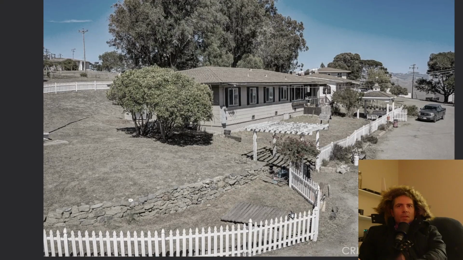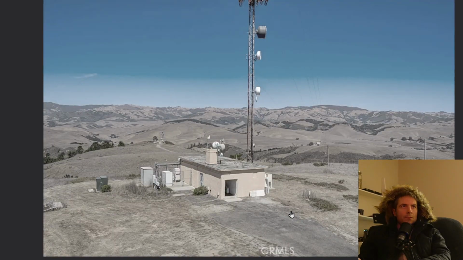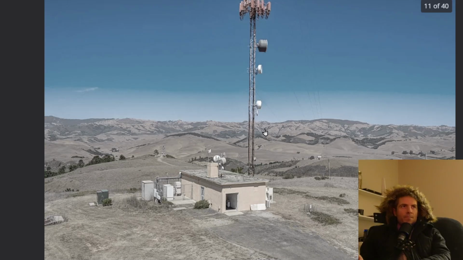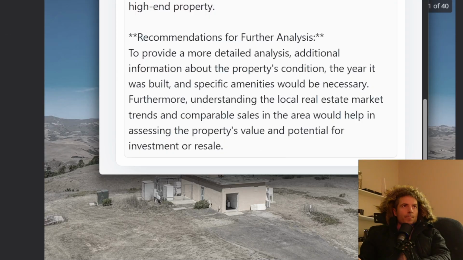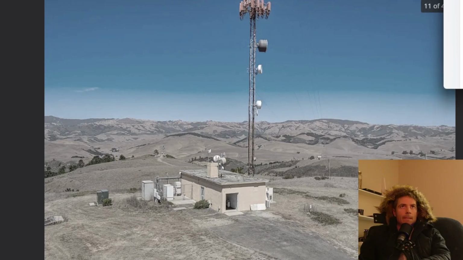Main residence. Front view, back view. What is this? These look like cell phone, some kind of a cell phone tower almost.